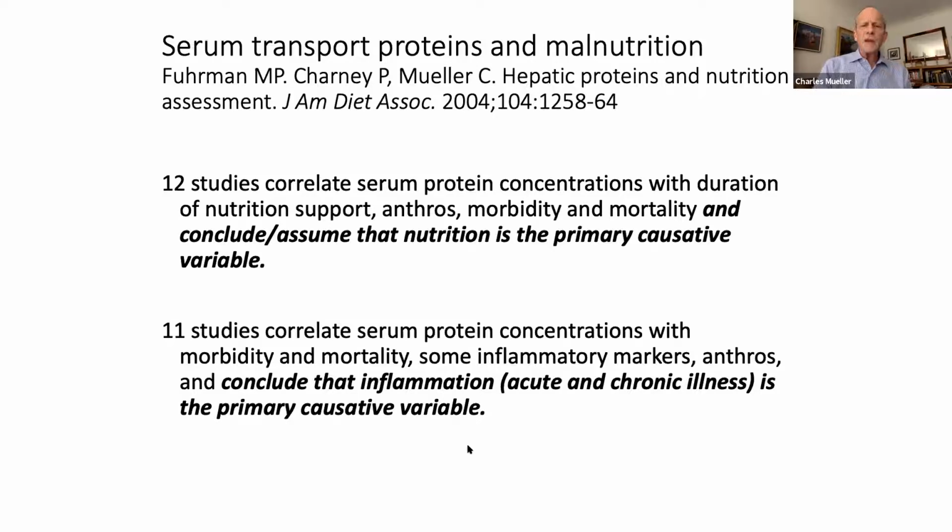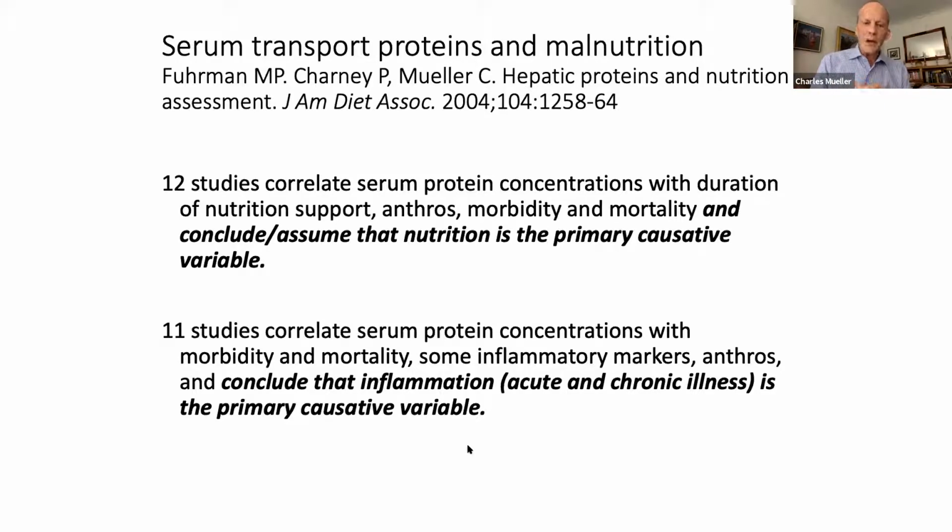We noticed that 12 studies correlated serum protein concentrations with duration of nutrition support, anthropometrics, comorbidity, and mortality, and assumed that nutrition is the primary causative factor. So low serum protein concentrations correlate with poor outcome. We just have to treat these low levels and we'll improve outcome.